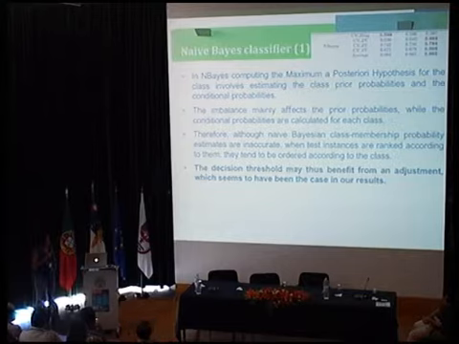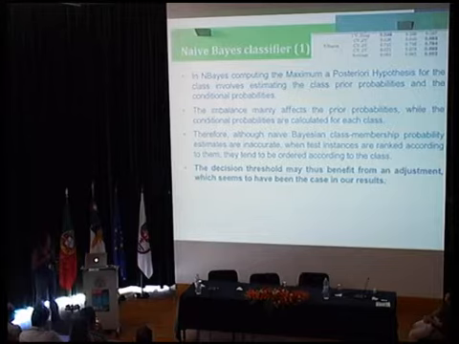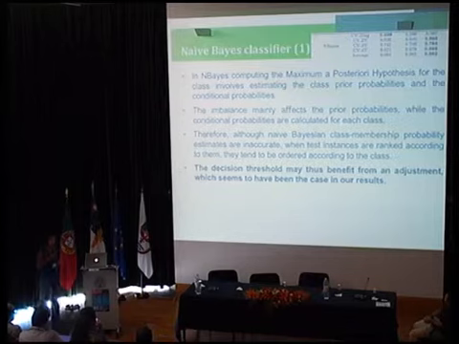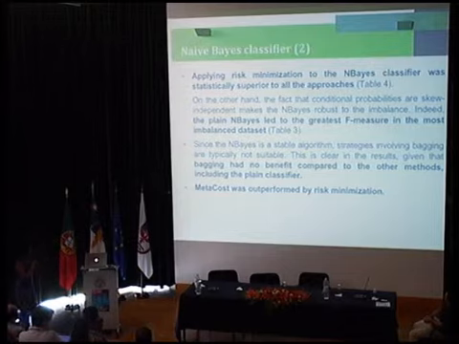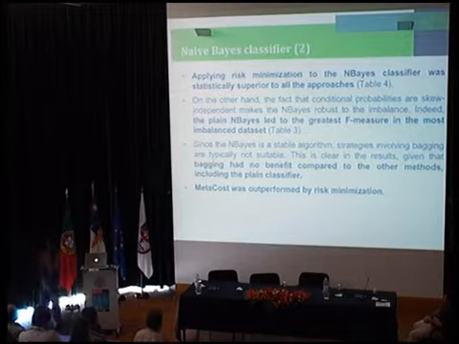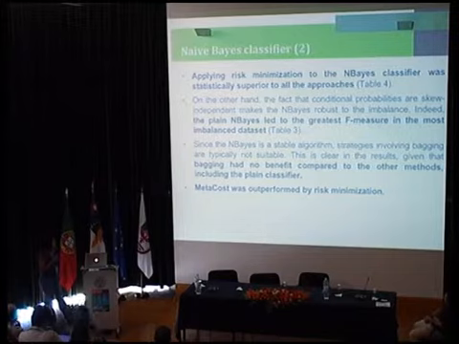So even though naive Bayes is robust in estimating the probabilities and is robust to imbalance due to that, if you perform an adjustment, you can actually improve the results. As I told you, applying risk minimization to naive Bayes was statistically superior to all the approaches.